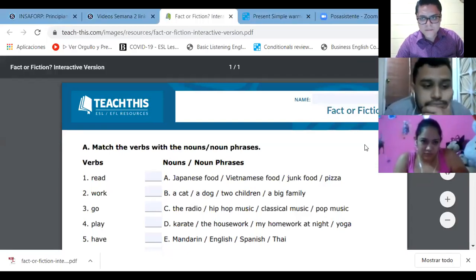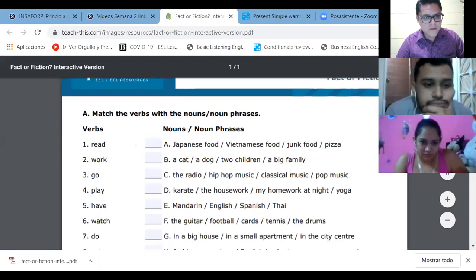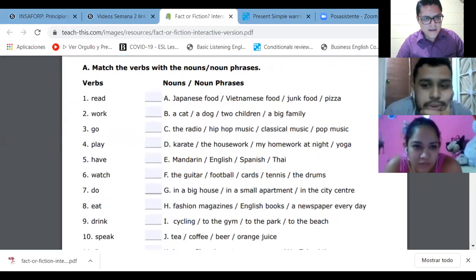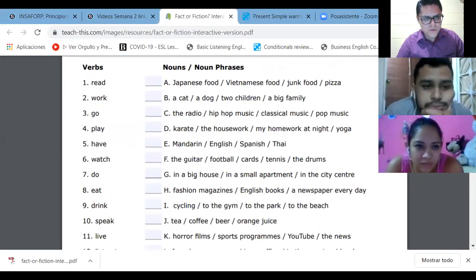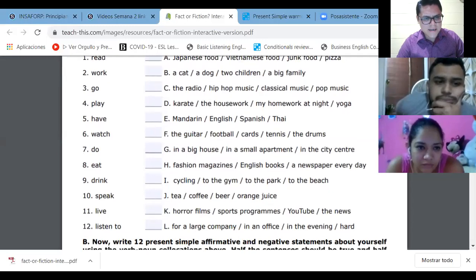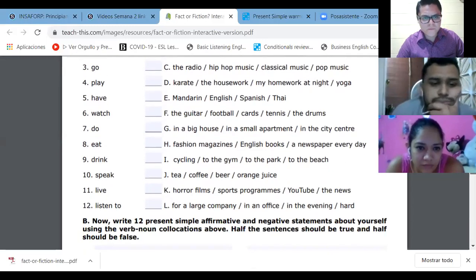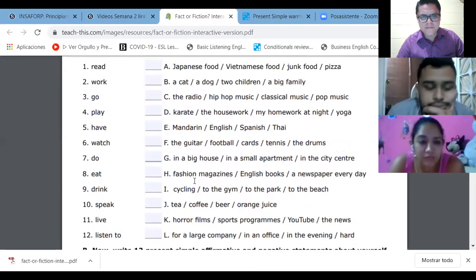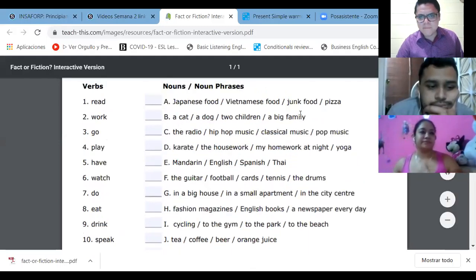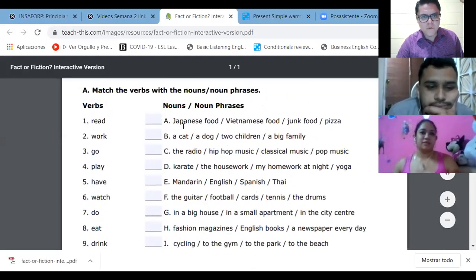You have read, work, go, play, have, watch, do, eat, drink, speak, live, and listen to. Okay, and you have different nouns right here. So, for example, number 1, Japanese food, Vietnamese food, junk food, and pizza.